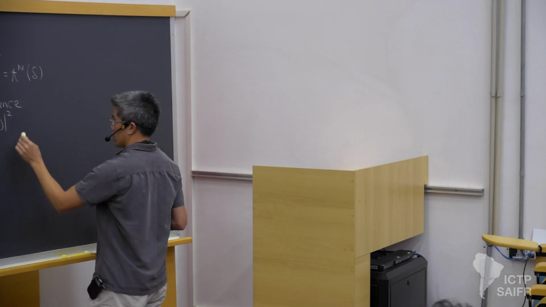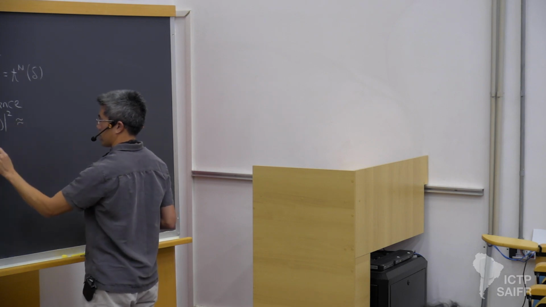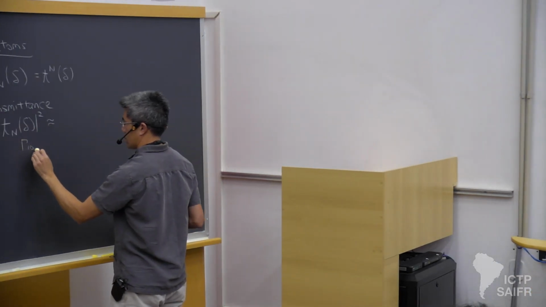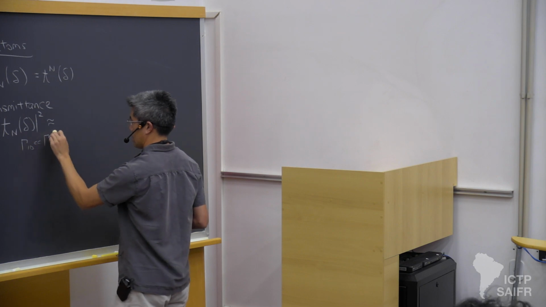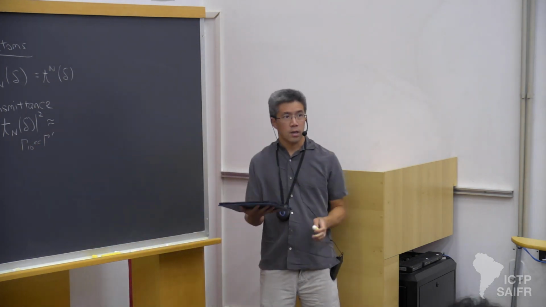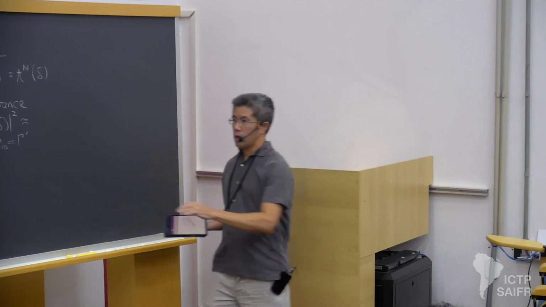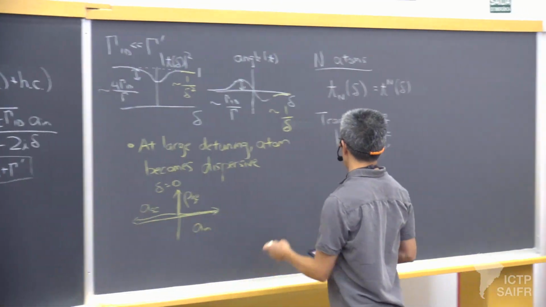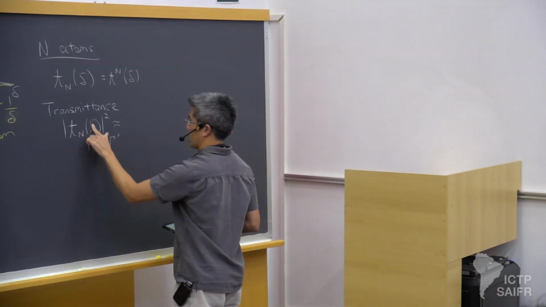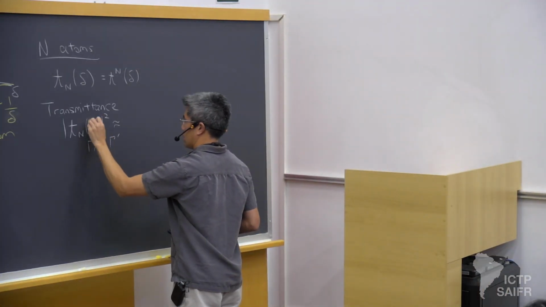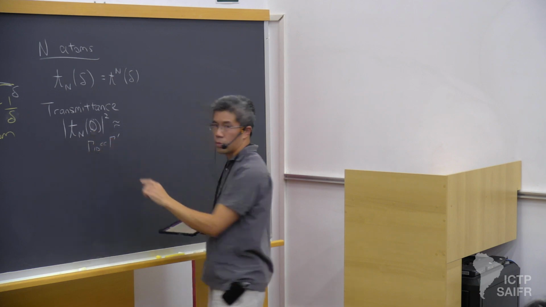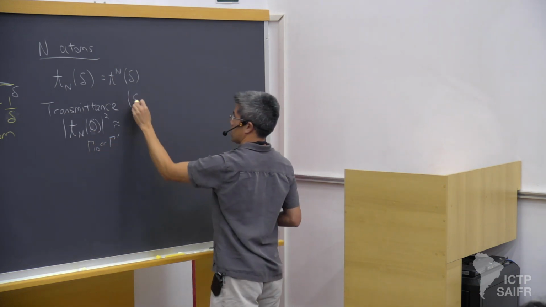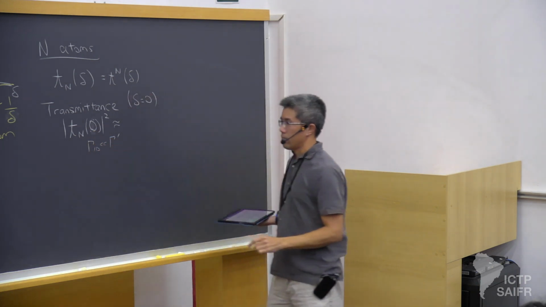And then in the regime of weak coupling efficiency, when you exponentiate this, the only case I'll really care about is on resonance. Okay, so let's take delta equals 0.